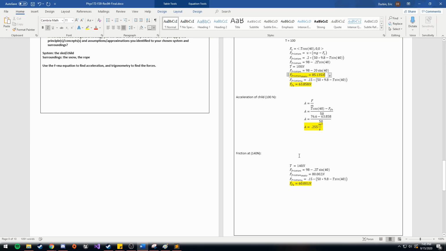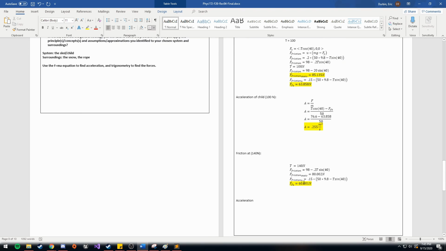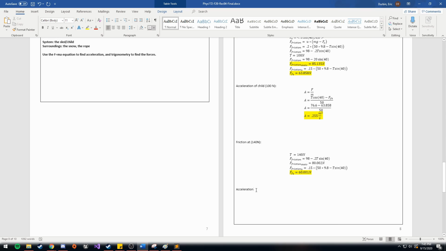Someone confirm that that does make sense. Yeah, I'm getting less friction by 3 newtons. Yeah, that's the difference. I have 80 point something. I have 60.001.